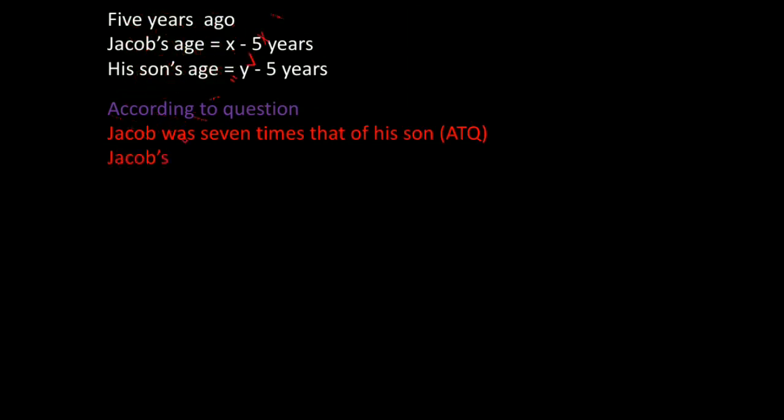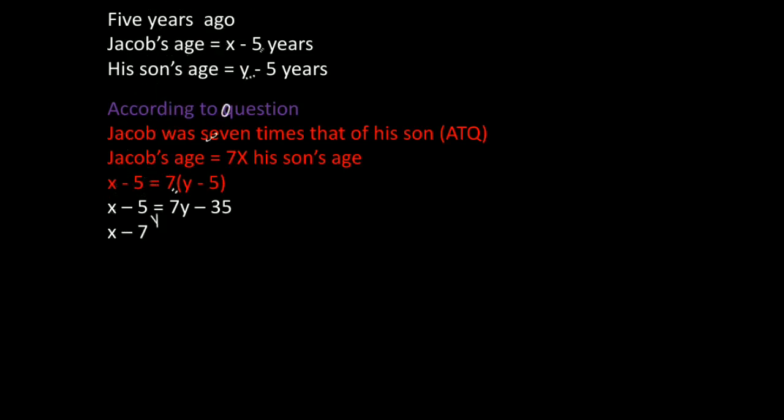It means 5 years before, Jacob's age equals 7 into his son's age. 5 years ago, Jacob's age equals x - 5 equals 7 into (y - 5), because 5 years ago his son's age is y - 5. So we solve: x - 5 = 7y - 35. So x - 7y = -30, that is equation number 2.